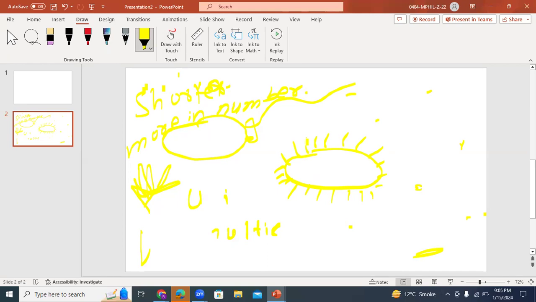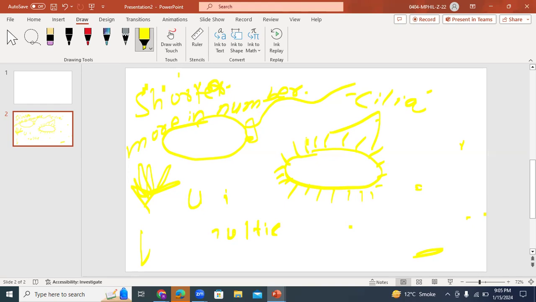But here, this is the structure of cilia. These are cilia. And remember, one is cilium. The singular is cilium actually. We are using the plural word, so that is cilia. Number of cilia means there are many cilium present here.